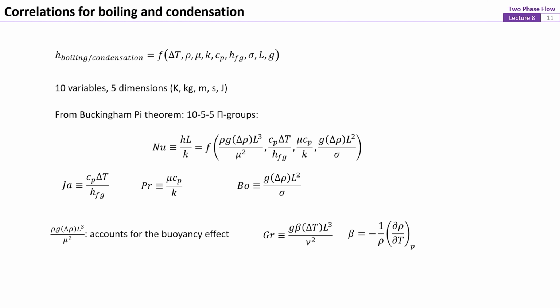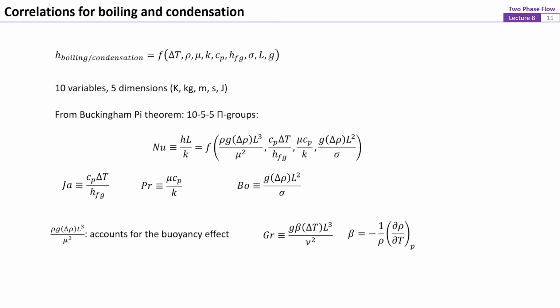In total, there are 10 variables under consideration, with 5 dimensions for temperature, mass, length, time, and thermal energy in Joule. Note that Joule is needed for the basic dimension here, since we have included the latent heat. Therefore, based on the Buckingham Pi theorem, 5 dimensionless groups are expected.